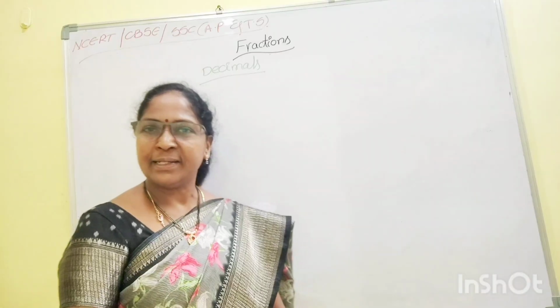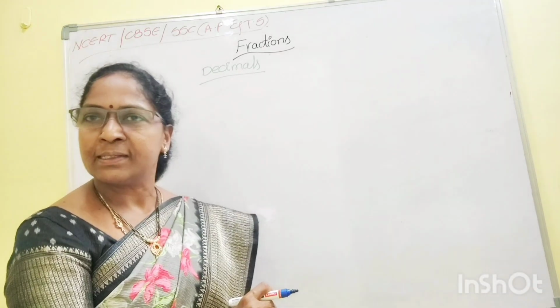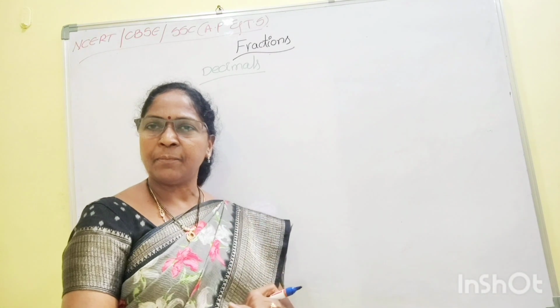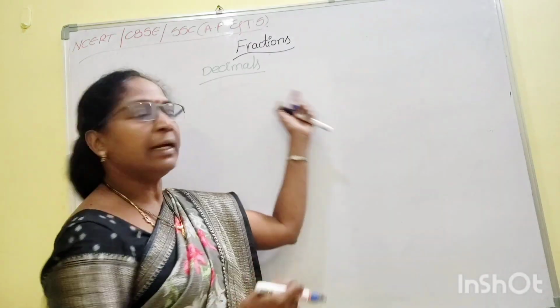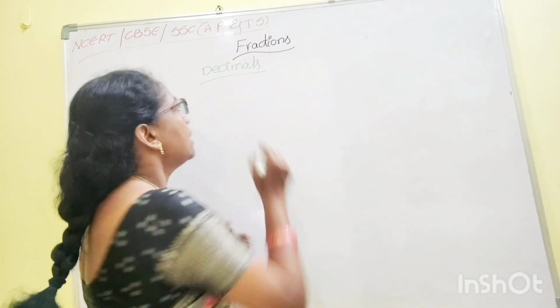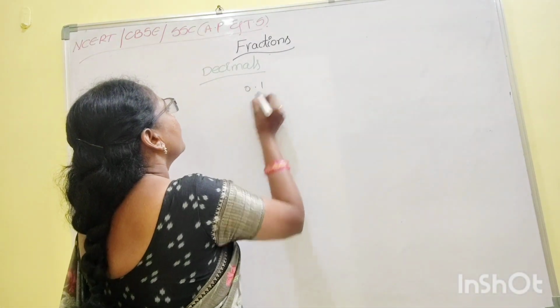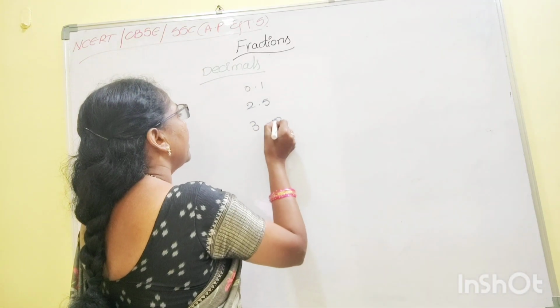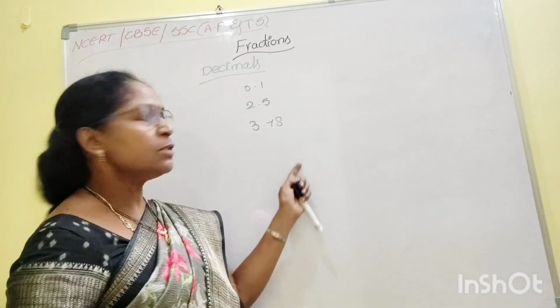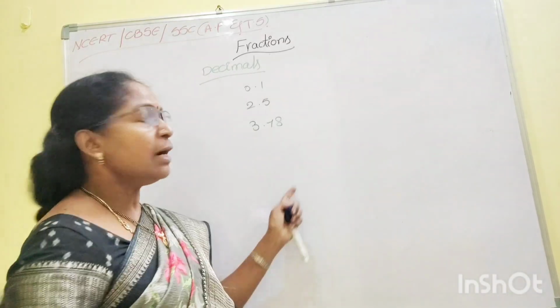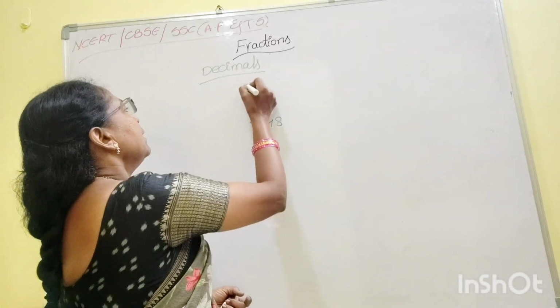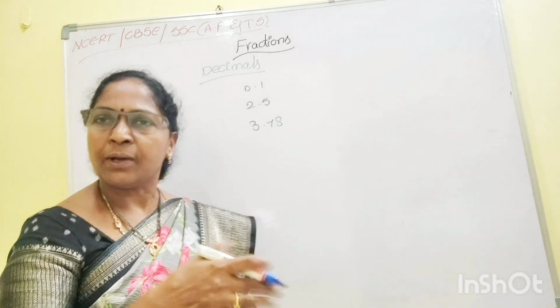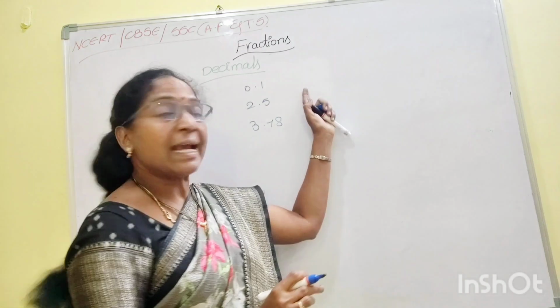Next topic is decimals. What are decimal numbers? If the decimal point is in the number, those numbers we call decimal numbers or decimals. Suppose 0.1 or 2.5, 3.78, like this. These numbers we can say are decimal numbers. So these decimal numbers, how to convert into fraction?